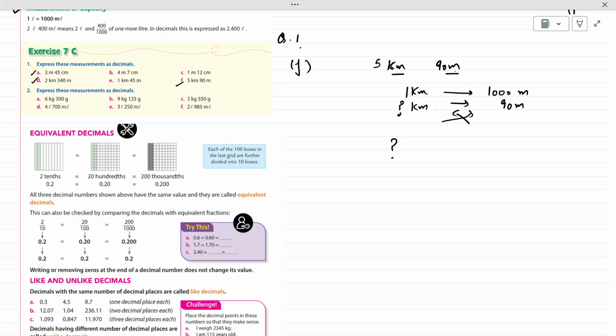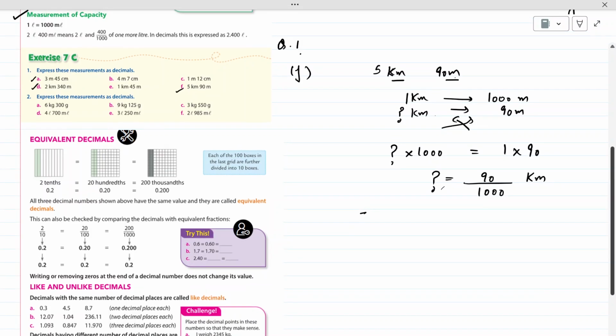We will get question mark into 1000 is equivalent to 1 into 90, and this question mark is equal to 90 divided by 1000 kilometers. Now put the values in the given question.